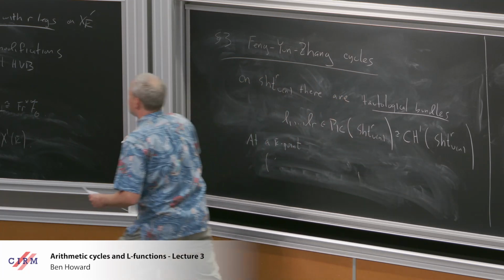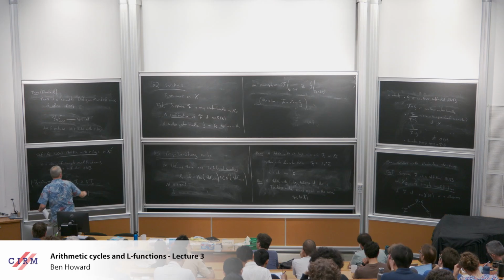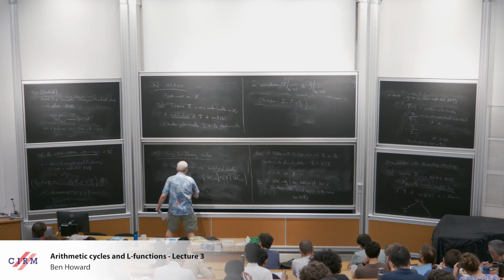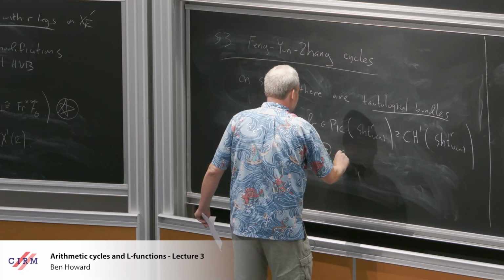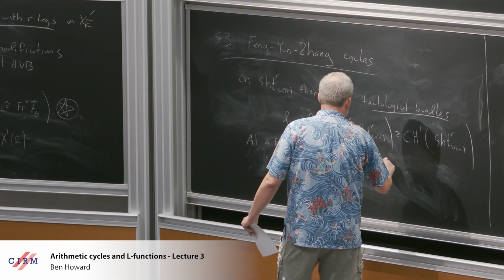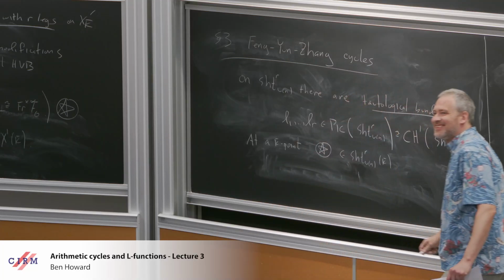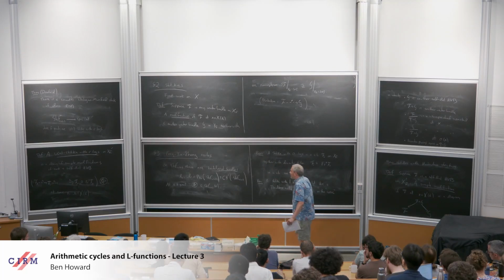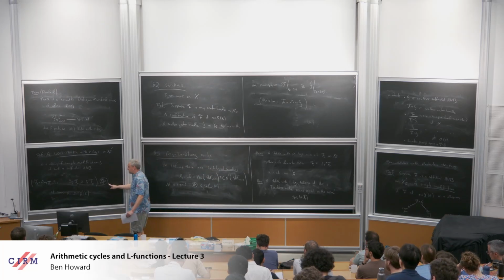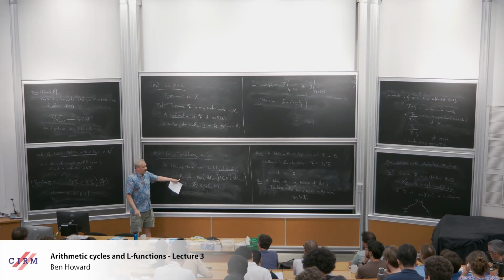Well, it's one of these things. So maybe I'll just say, at a k-bar point, star, okay, if I have a k-bar point that looks like this, I'm going to tell you the fiber of L1.